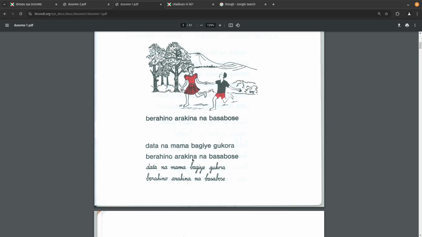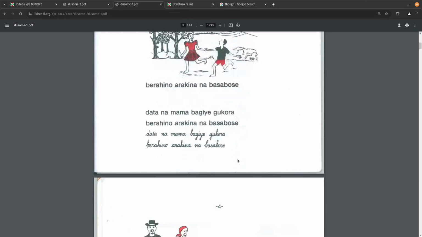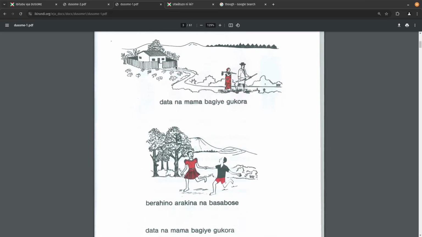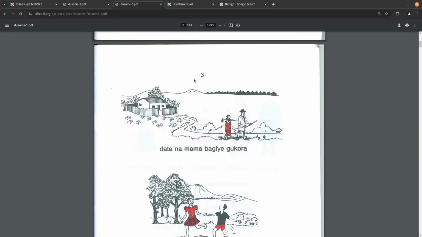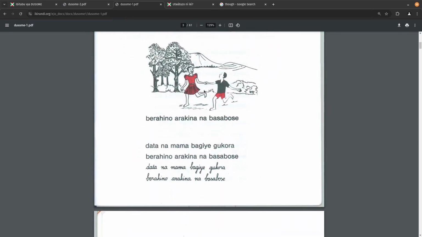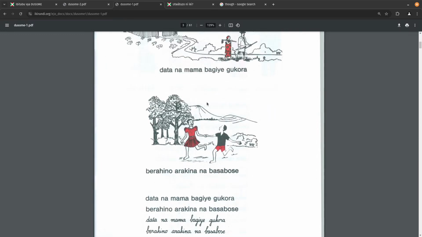Verahino arakina na basa bose. Verahino is playing with basa bose. So page 3 is the end of the first lesson on how to read Kirundi.